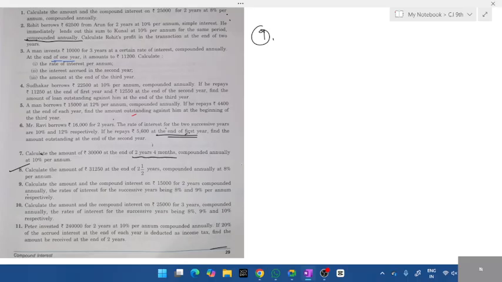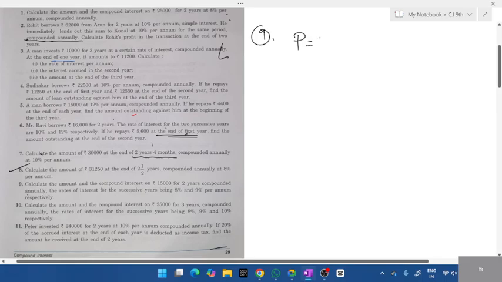What's the difference? What did you all find? What's the difference between the ninth and other questions? Principal is given, time is given, then... Not able to find the difference.